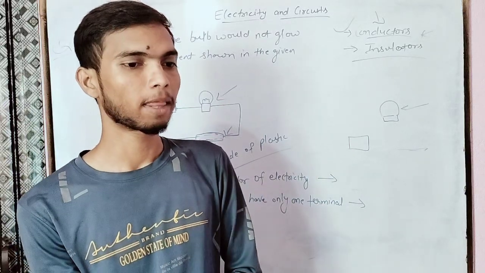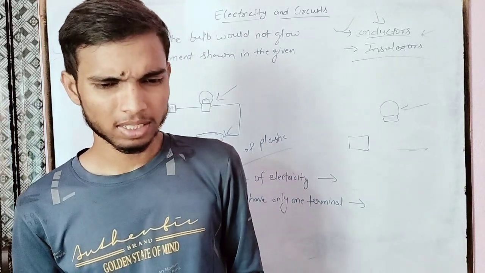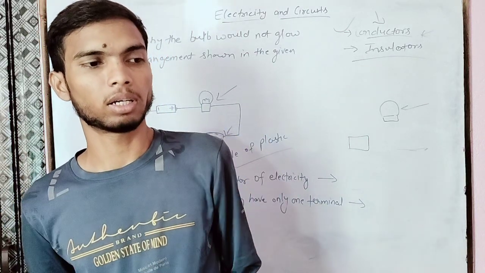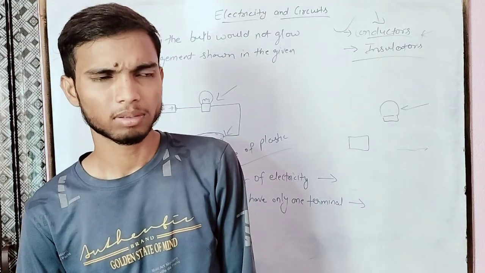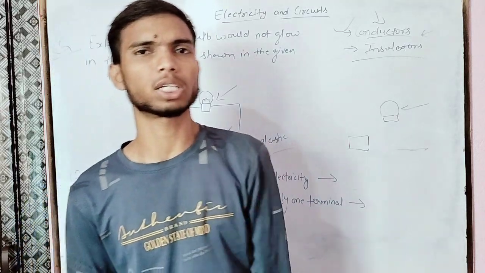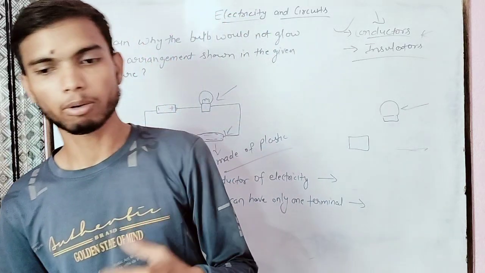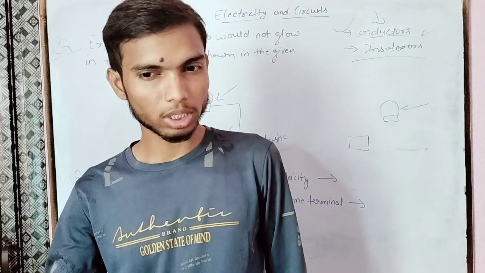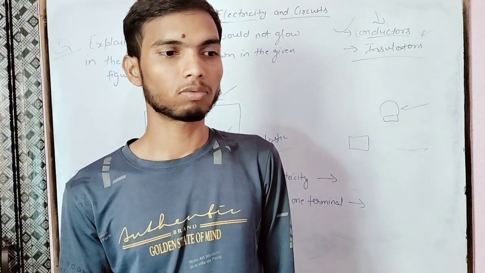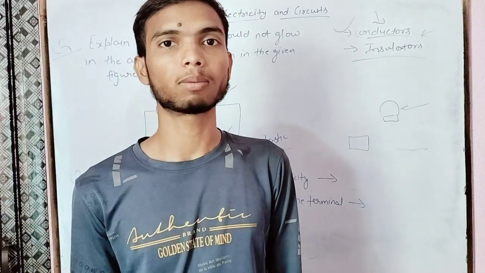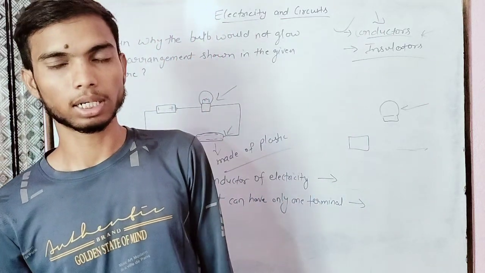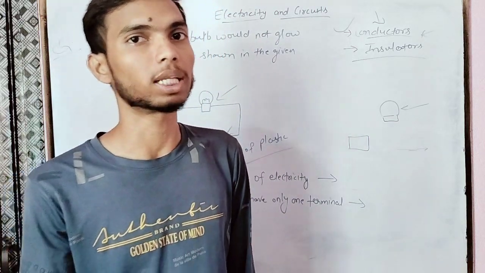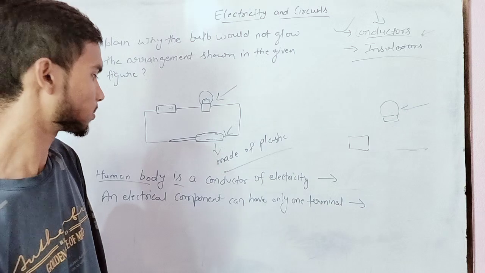Here, the human body has some liquids. For example, inside our body is a facility of water. Inside our body is found water, blood. So electricity is able to connect to us, and we are able to connect to that electricity.